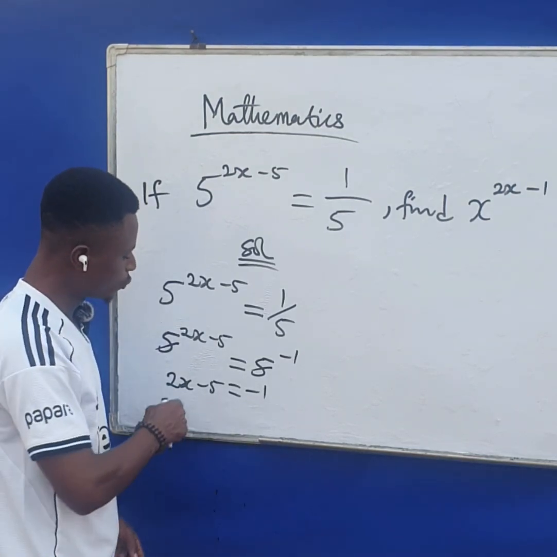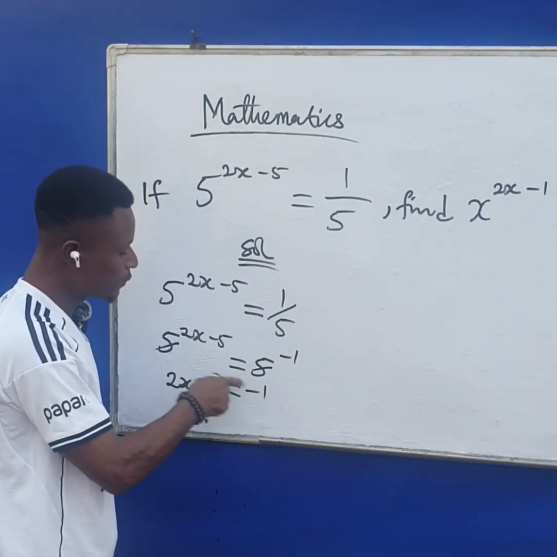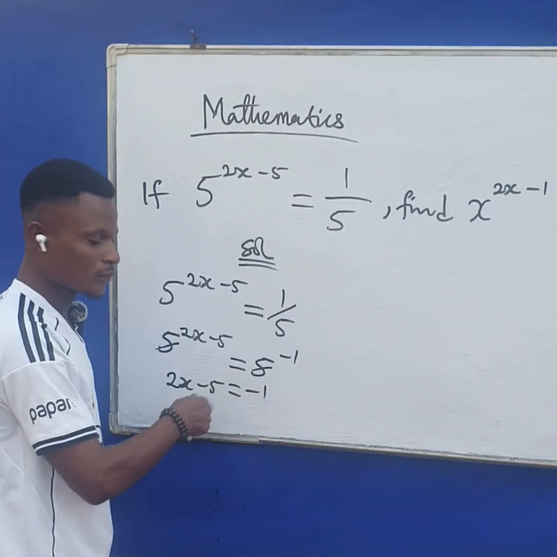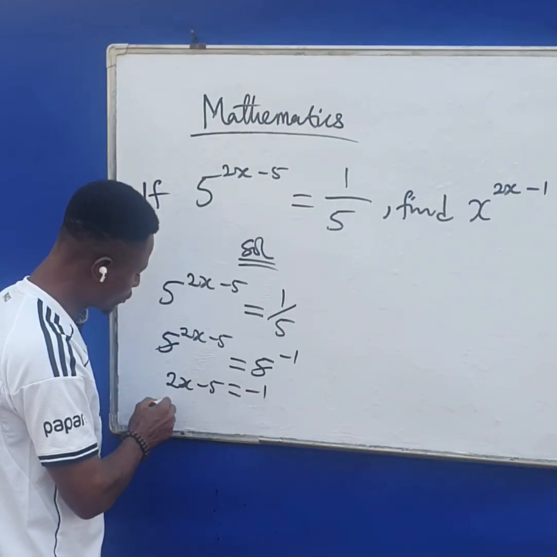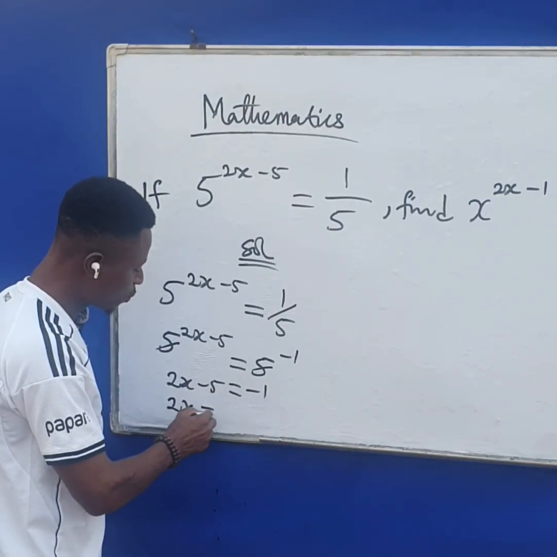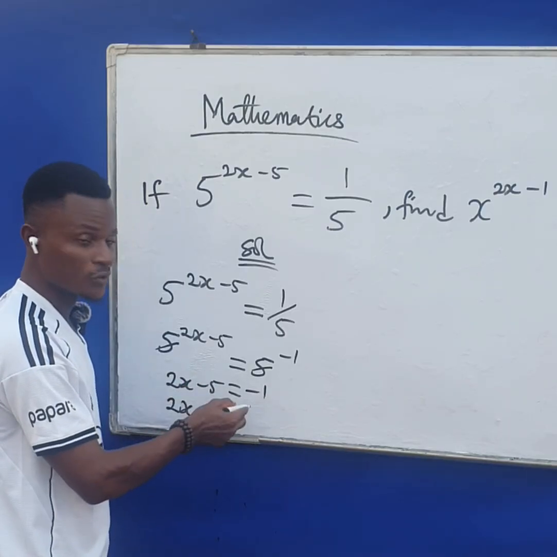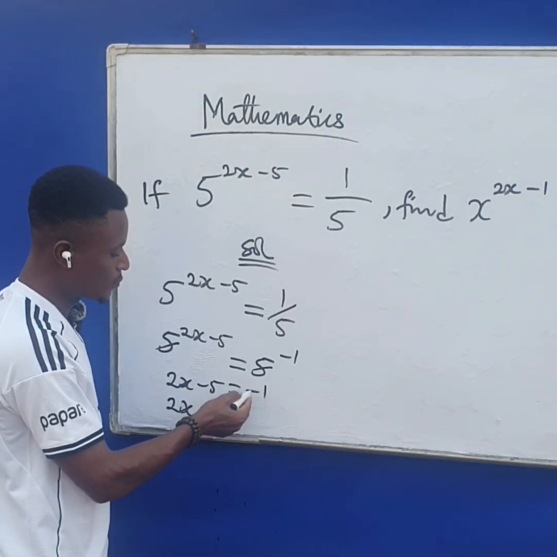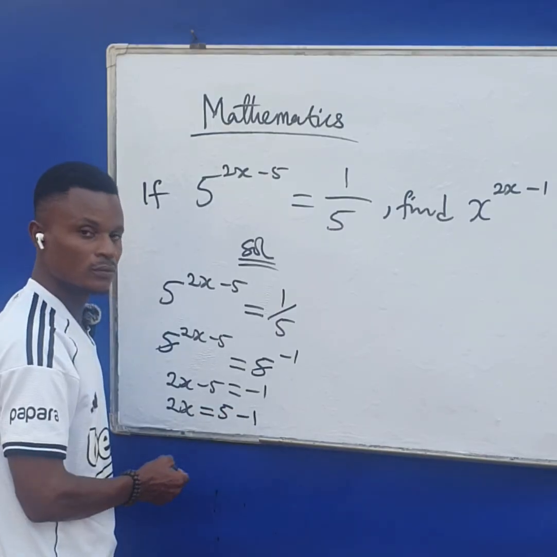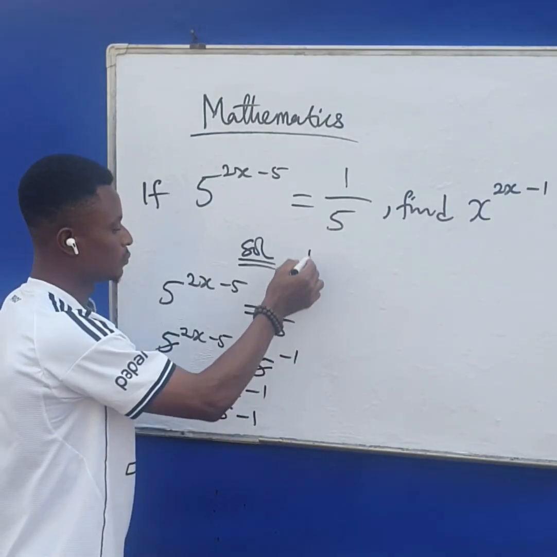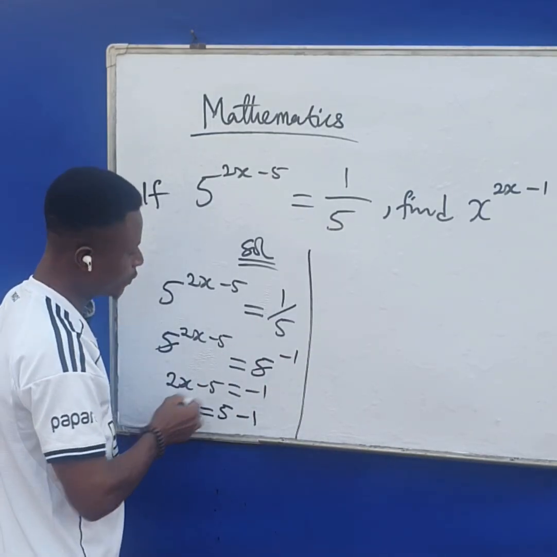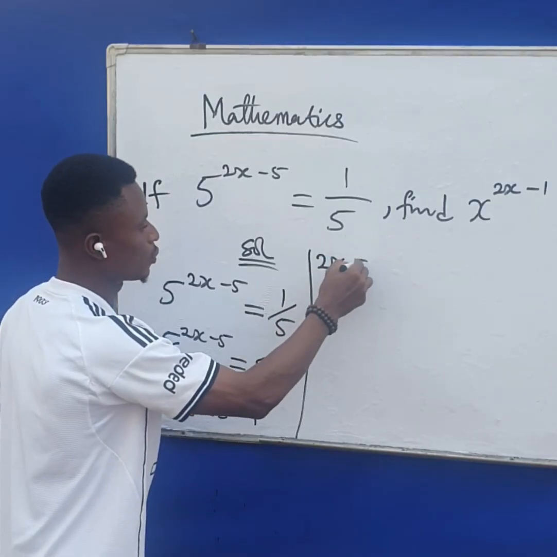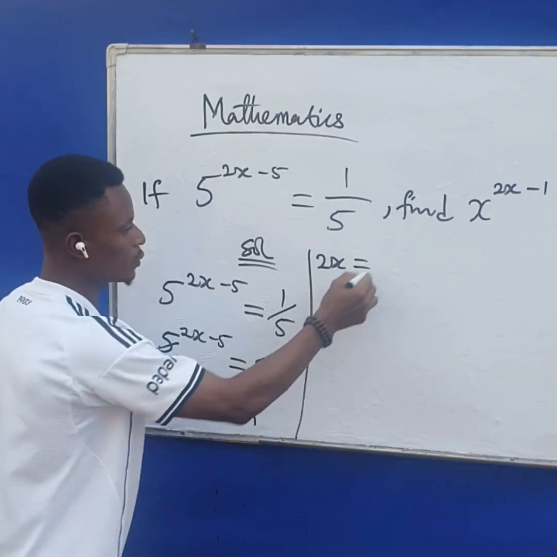The next thing to do now is to move this negative 5 to the right-hand side of the equation. When we do that, we are going to be left with 2x then equal to, when this negative 5 crosses to the right-hand side, changes to positive 5, then minus 1. So let's continue. We have 2x equal to 5 minus 1, that will give us 4.